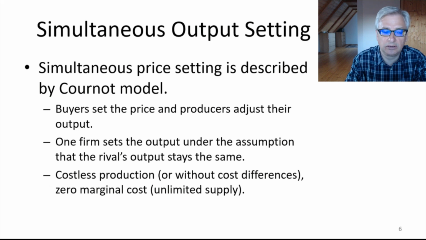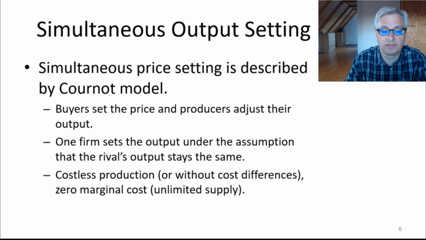I mean, we can give up this assumption of costless production, and we do not have to assume that marginal cost must be zero. But today we are going to consider the original, pretty simple model made by Cournot. So we will accept this assumption on costless production and zero marginal cost.